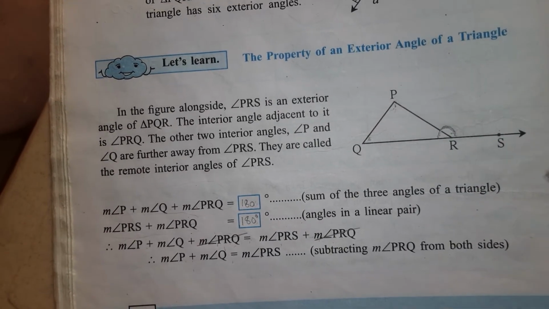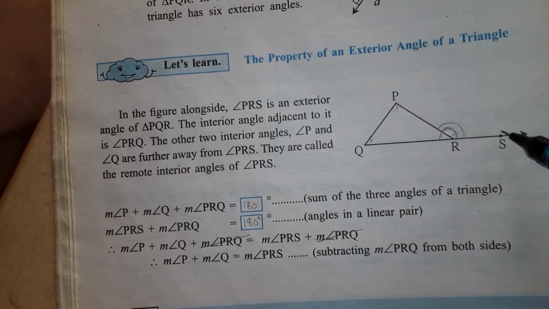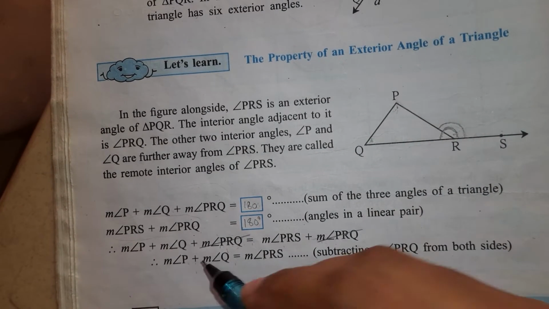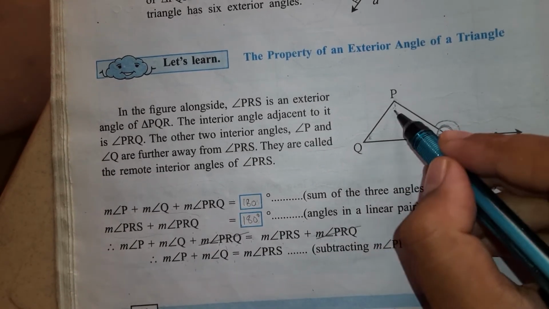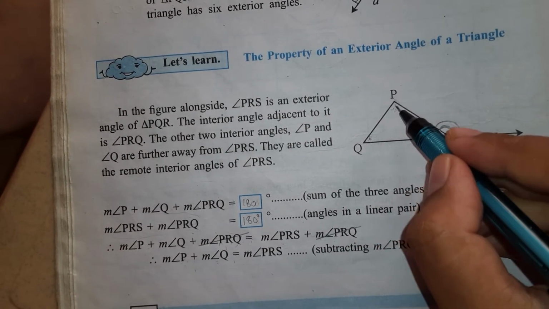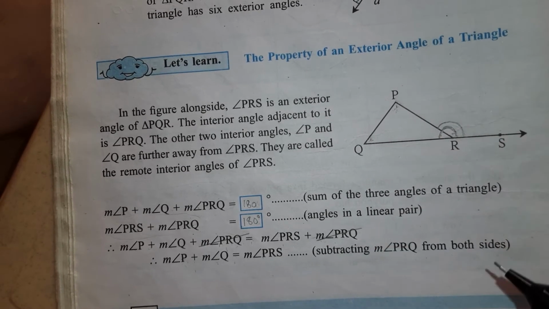PRS इज एक्सटीरियर एंगल, मीन्स यहाँ से लेकर यहाँ तक. So measure of this exterior angle is equal to sum, means addition, sum of the measure of remote interior angles.